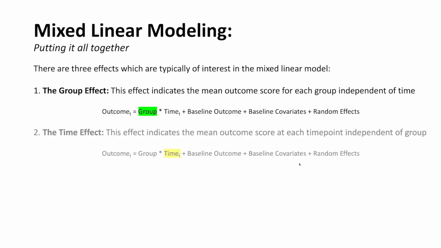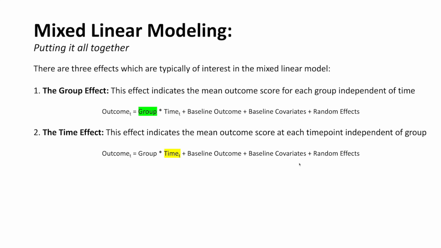The second effect that we're interested in is the time effect. The time effect looks at the mean outcome score at each time point independent of group. So we're just looking at changes across time, regardless of group. It's the average change irrespective of what group somebody is in.